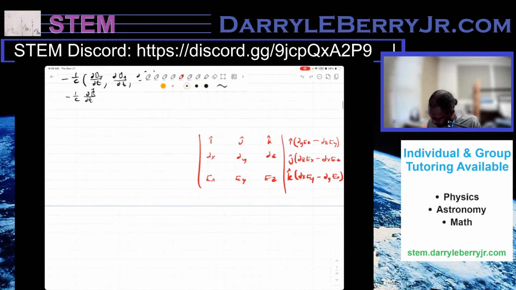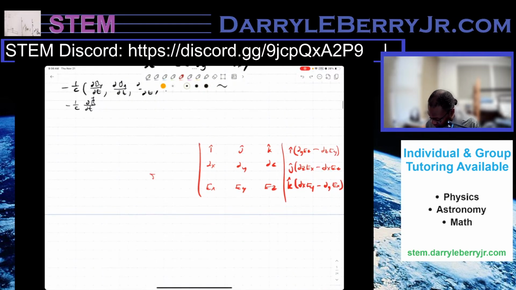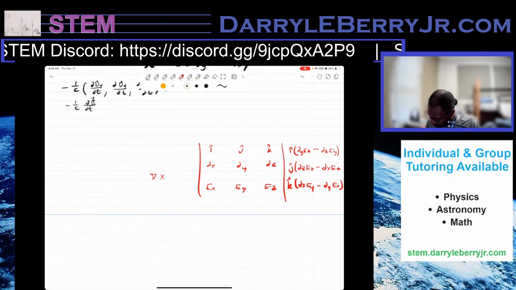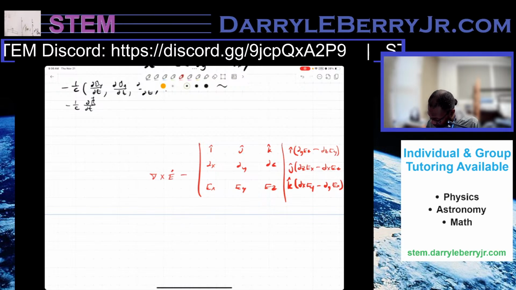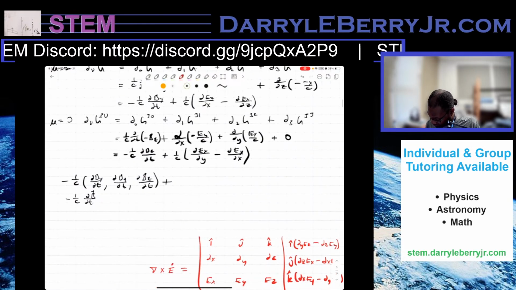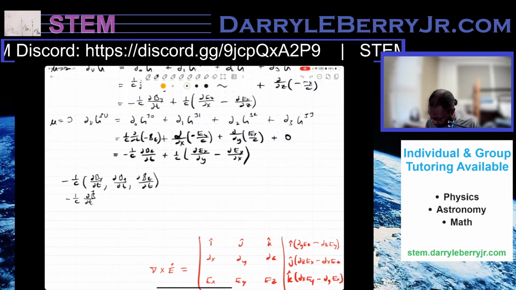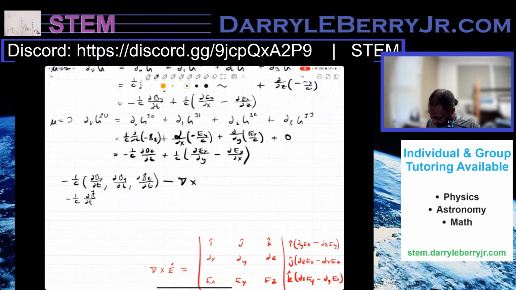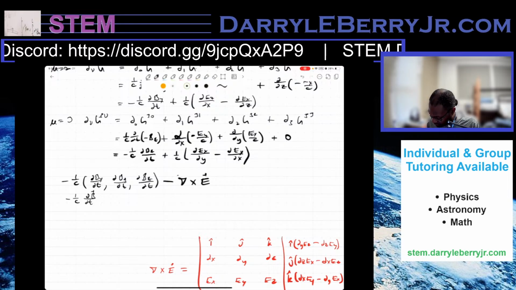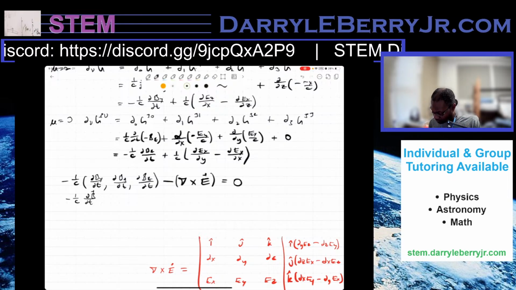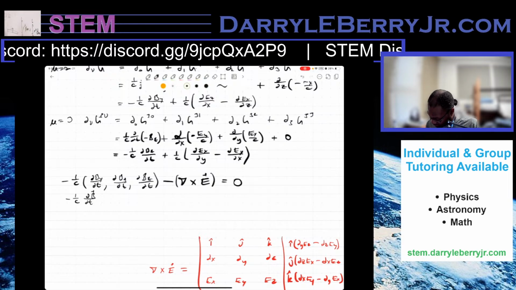So we do have the cross product of e, except it's reversed. So I could say negative cross product of e equals 0. And it's all still divided by c.